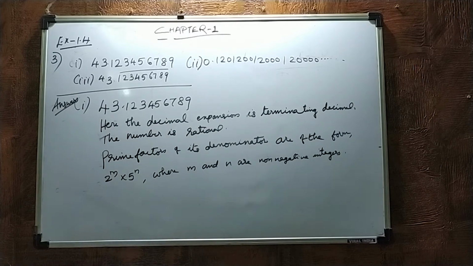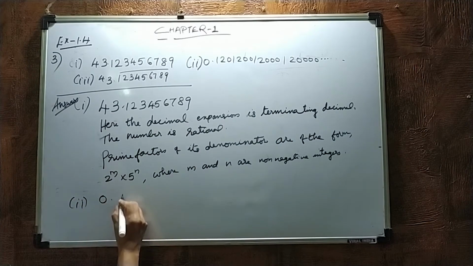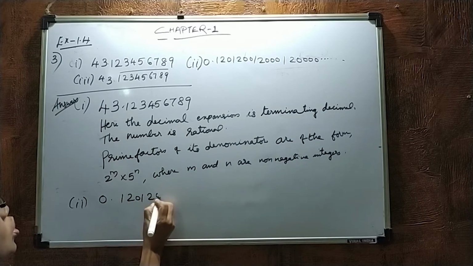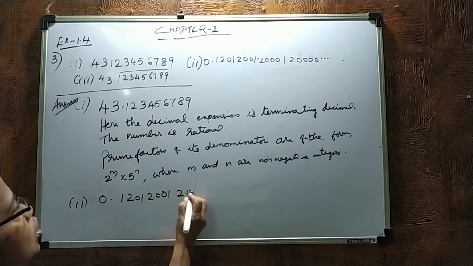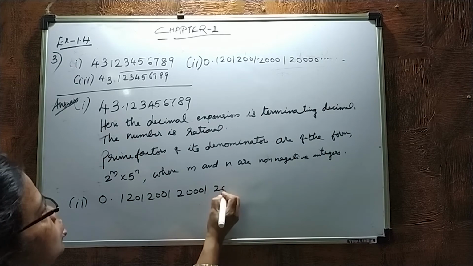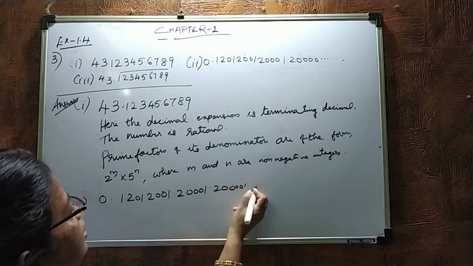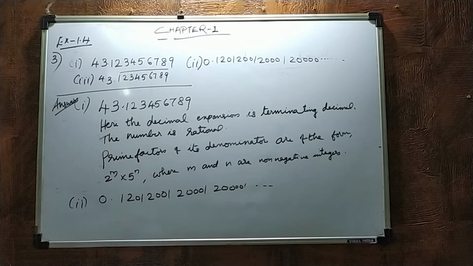So we'll pass to the next question then, second question. What is the second question? The second question is 0.1201, 2001, 20001, etc. It goes on. What can you see? Is it terminating? No, it is not terminating.